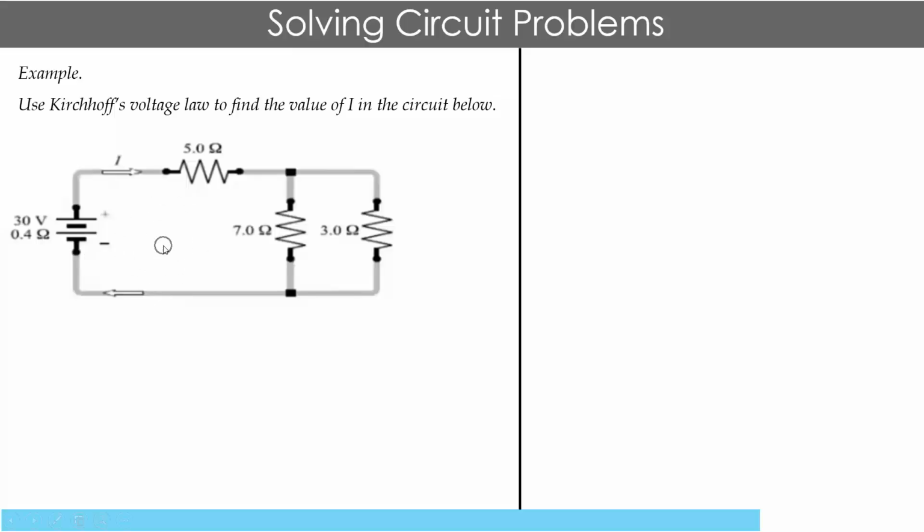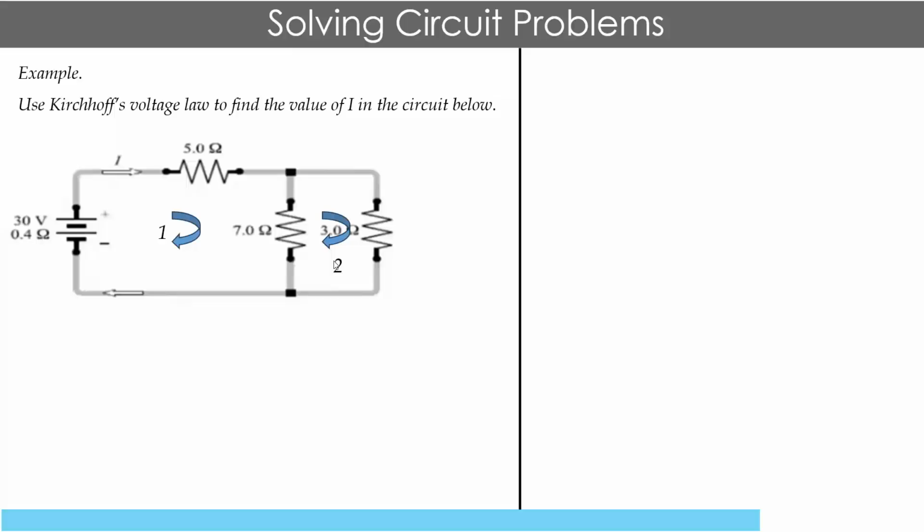So in this question, we have 2 loops, and I would like to use a clockwise direction for the flow of current in each of the loops. The first loop I'll call loop 1, and the second one I will call loop 2.